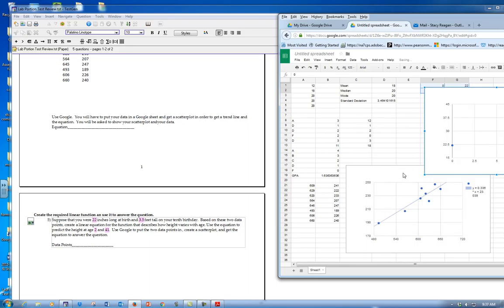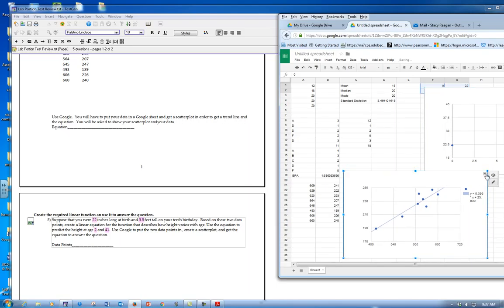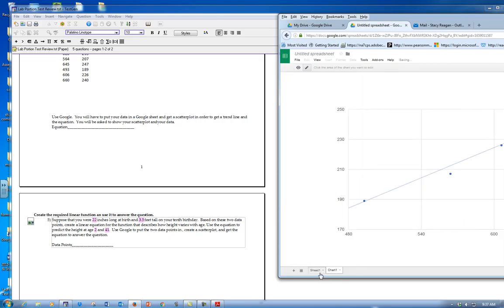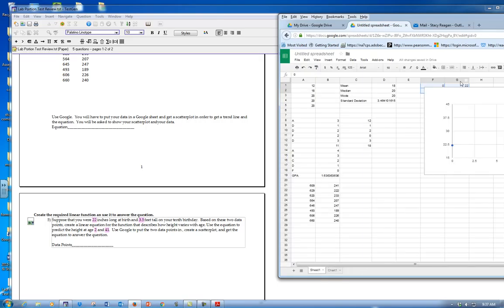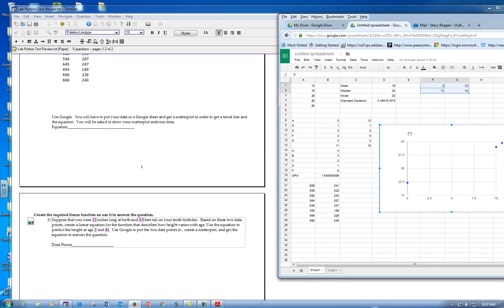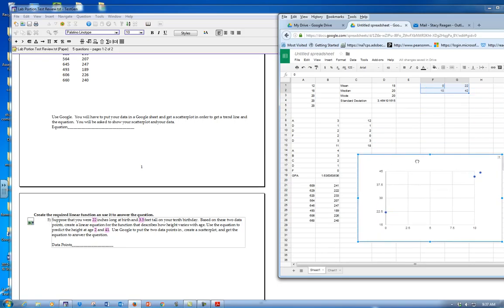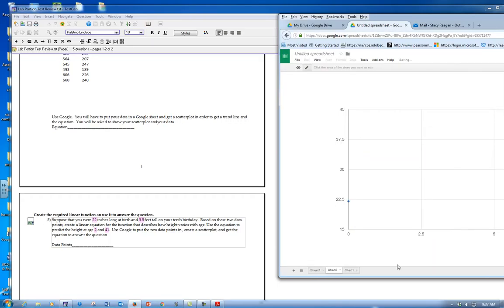I just need the two. I think I'm going to move this one. It might be a good idea for you to move them to their own sheet so that they're out of the way so that you can look at these things. So I'm going to move this one down where I can see it. I'm going to hit move to own sheet for that one so that I can play with it a little bit better.